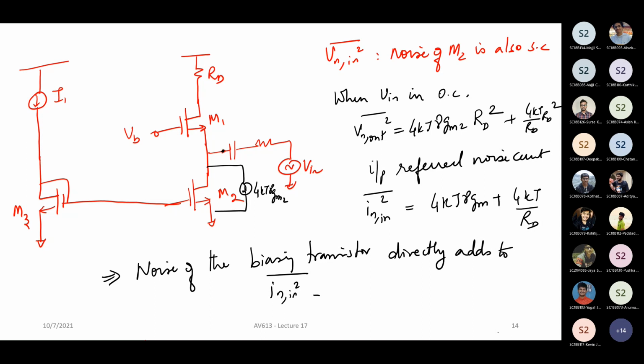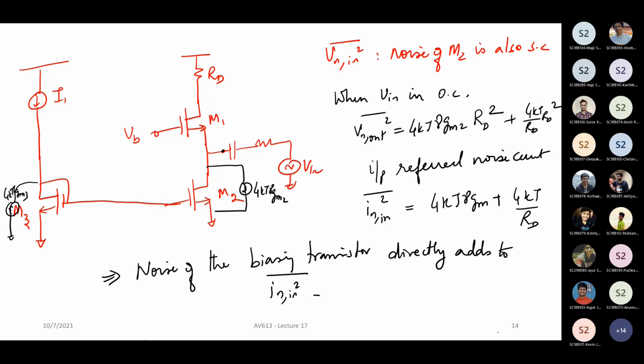Now, what about the noise of M3? The noise of M3 will also have 4 kT gamma GM3, right? And that appears at the gate of M2. So it can get multiplied by, this is the noise current per spectral density. You can find out the voltage and then multiply it by the GM and all that.